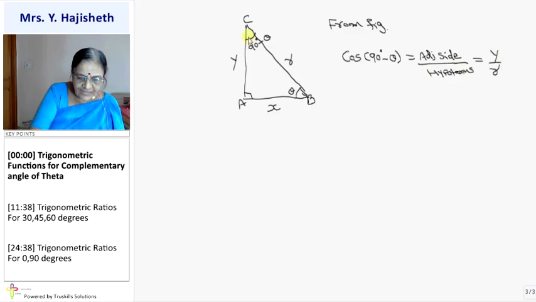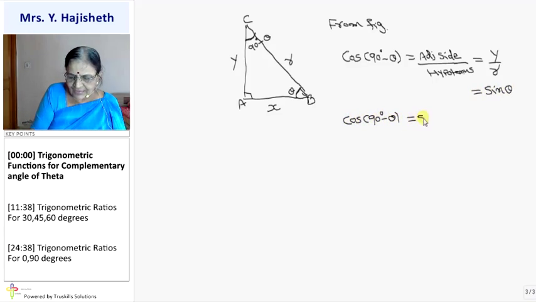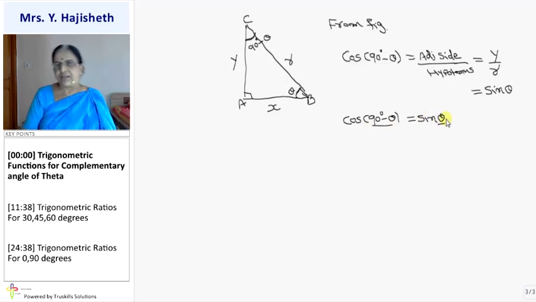Y is the adjacent side for 90 degree minus theta and y is the opposite side for theta. So this y by r we call it sin theta. So what important result did I get? Cos 90 minus theta is sin theta. So when two angles are complementary, then cos of one angle is sine of another angle.